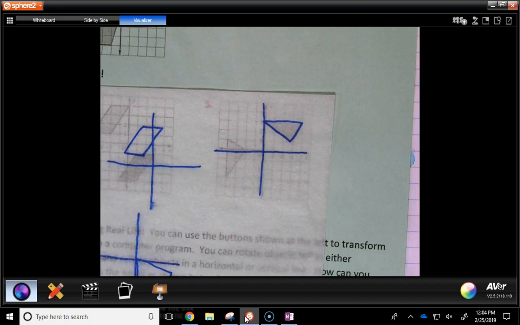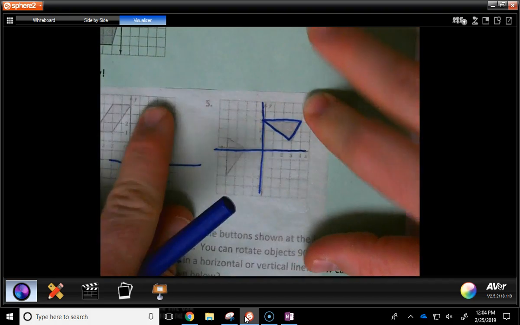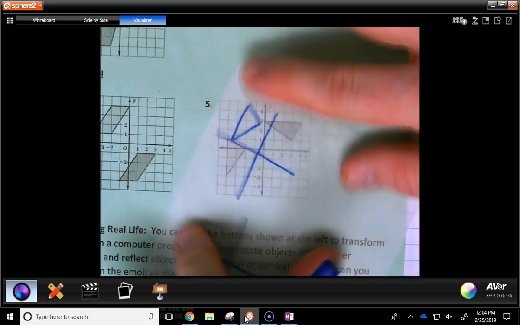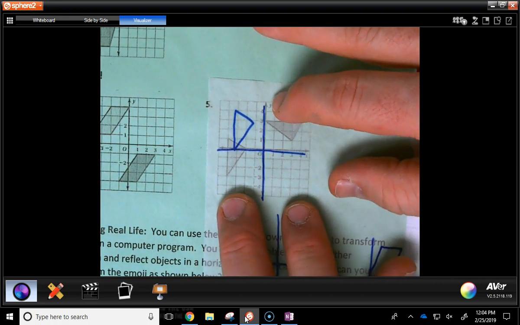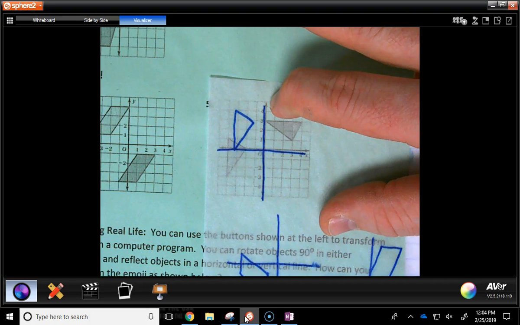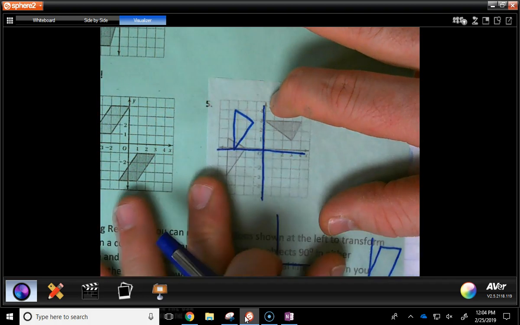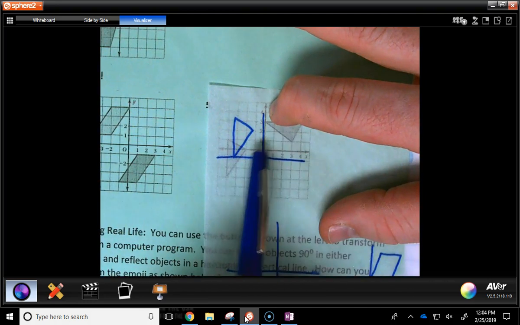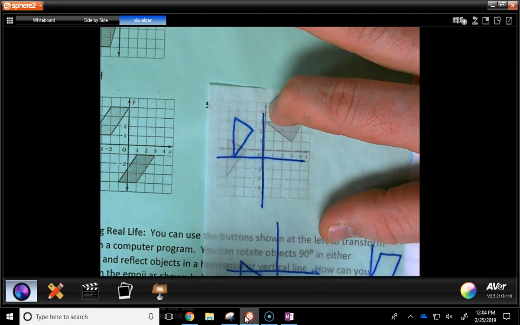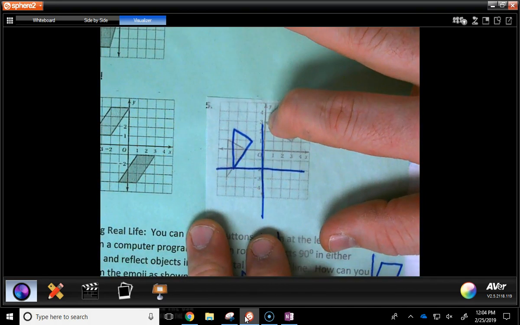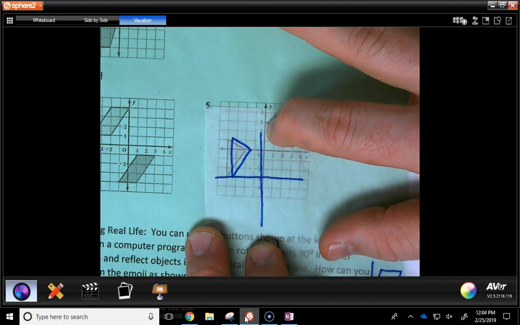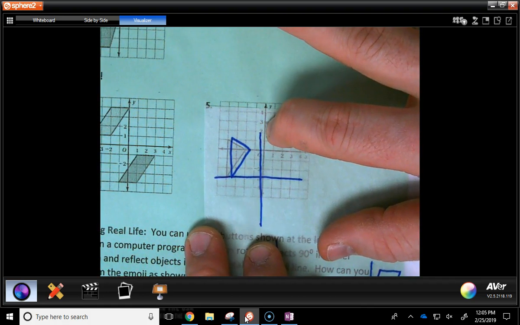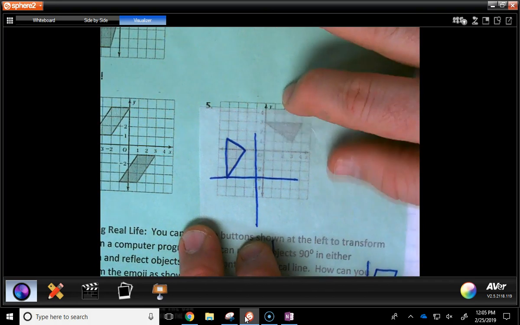So you want to rotate 90 degrees counterclockwise. Okay, so counterclockwise, I'm going to turn and I keep my X and Y axis lined up. And then translate it 3 units down, so I'll go in 1. When I do that, I always look at my X axis and I just go to the next line. So that's 1, 2, 3. And then you translate it 1 unit left. Perfect.